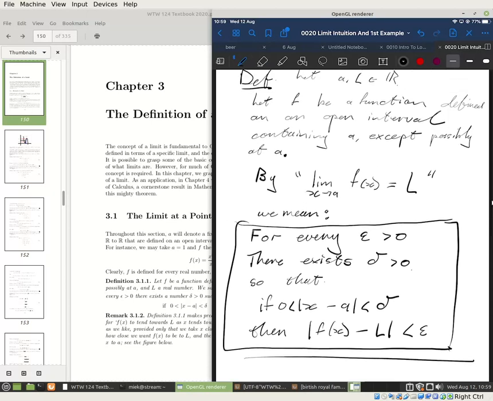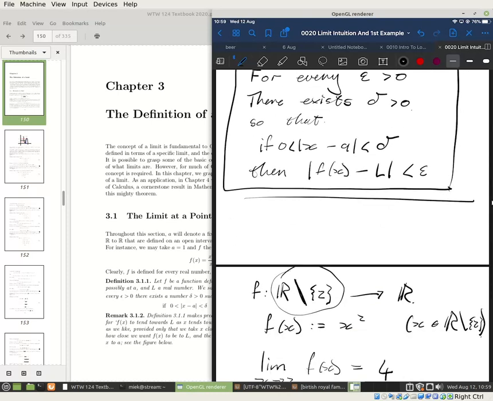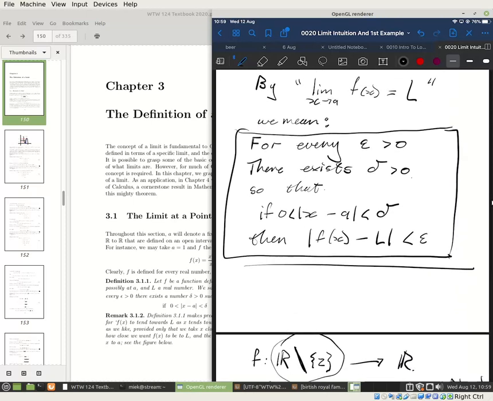And the definition of a limit is a way of making this intuitive statement, which is up to interpretation, perfectly rigorous and taking any opinion out of it. Okay, so let us talk about what this statement means.